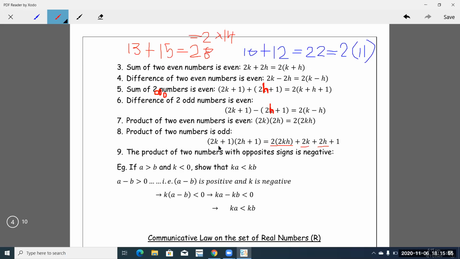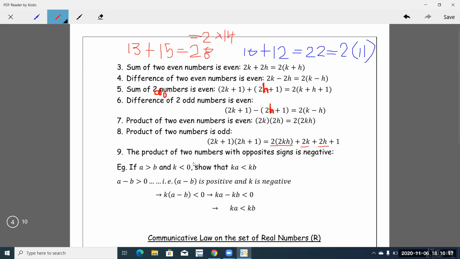All right? Now, if a is greater than b and k is less than 0, they say show that ka is less than kb. Now, this is a popular question that they repeat like 6 times in CAPE Unit 1 and the paper 2. And the reason for that is they're testing this axiom knowledge.